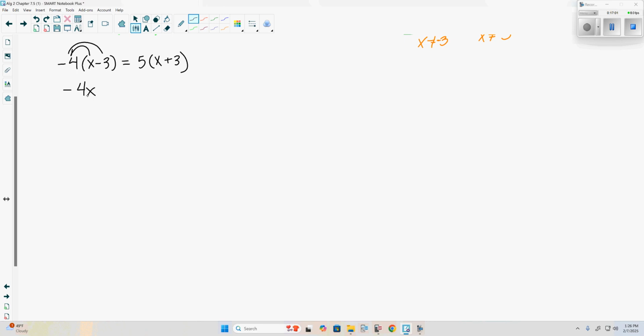Negative 4 times x is negative 4x. Negative 4 times negative 3 indeed would be positive 12. 5x plus 15. Now we need to get x by itself, so we'll add 4x to both sides. Minus 12 is equal to 9x plus 15.